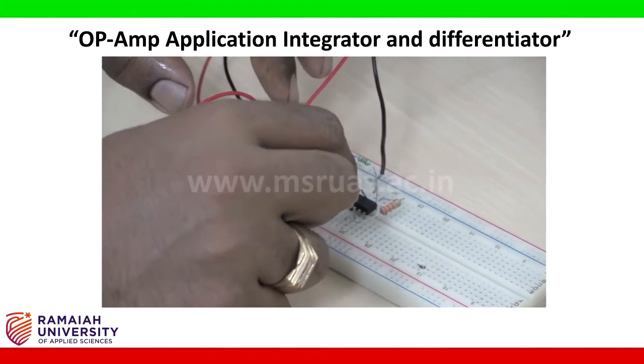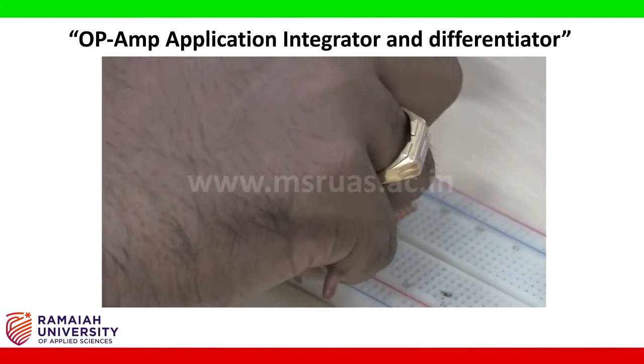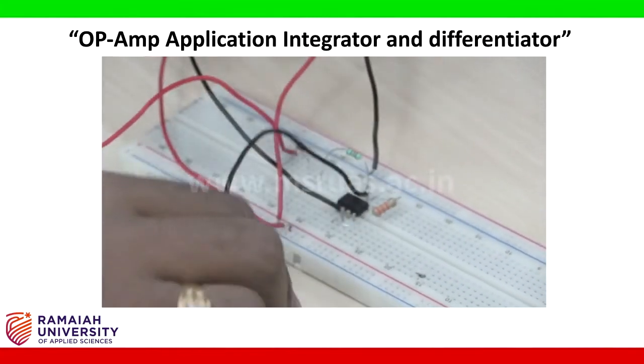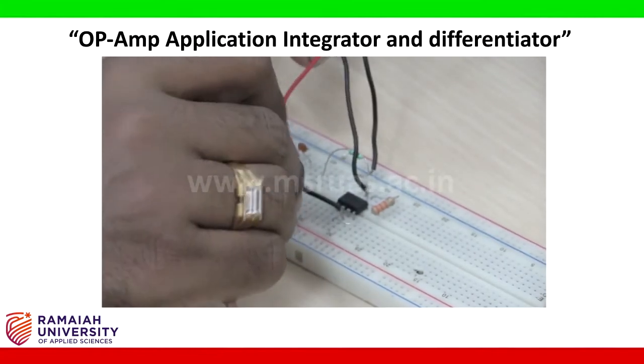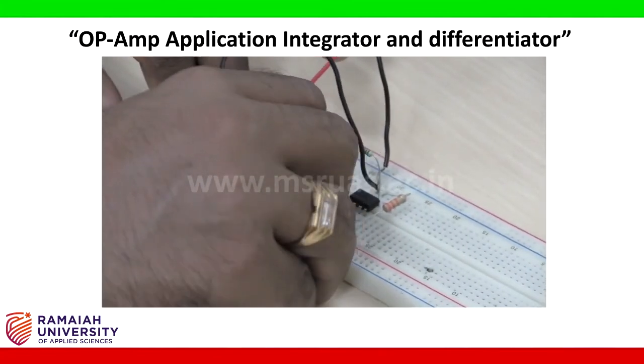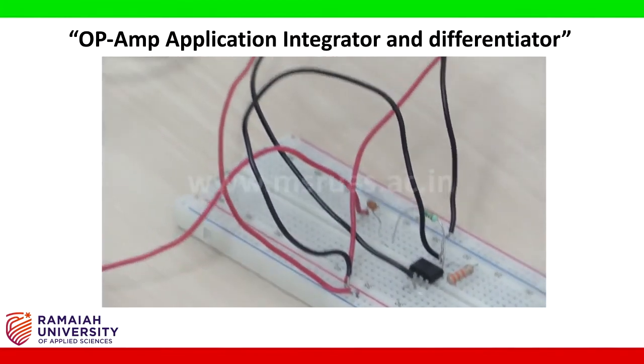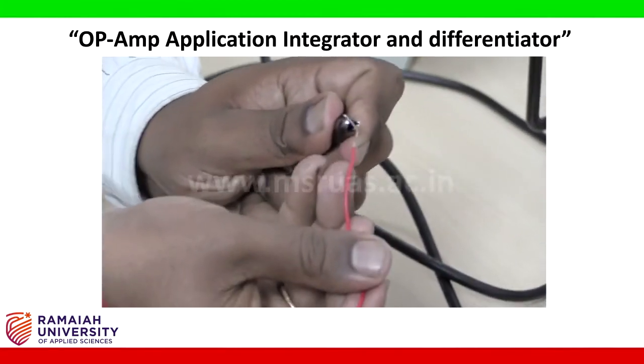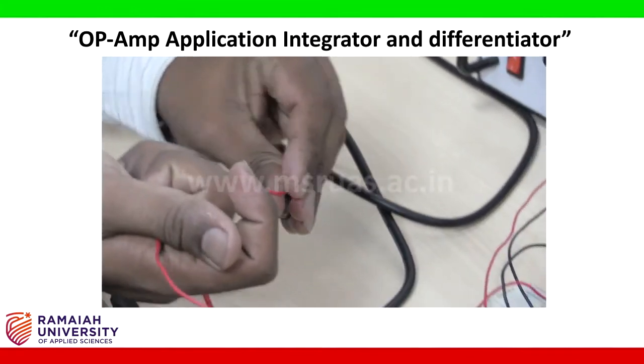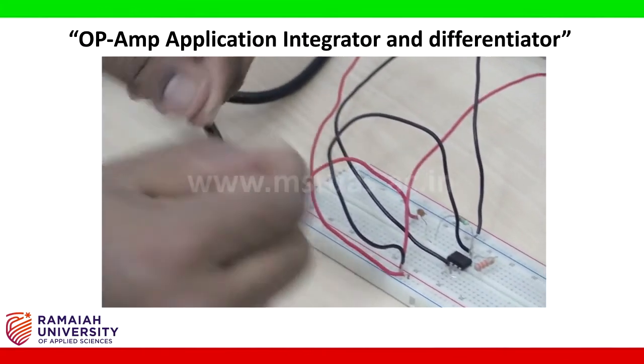This is 1, 2, 3, pin 3 to ground. And the negative of this generator will be connected to ground.